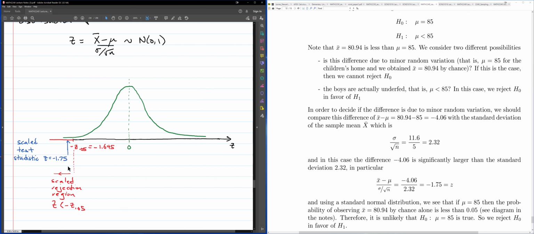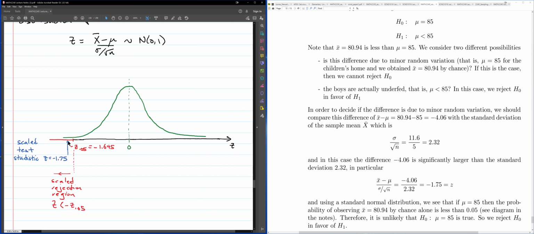Now, how I can formalize that a little more is this over here is minus z 0.05. This is a z critical value, equal to minus 1.645. And what that means is that the probability of the random variable Z taking a value less than this minus 1.645, in other words the probability that Z takes a value on this red interval over here, is equal to 0.05.